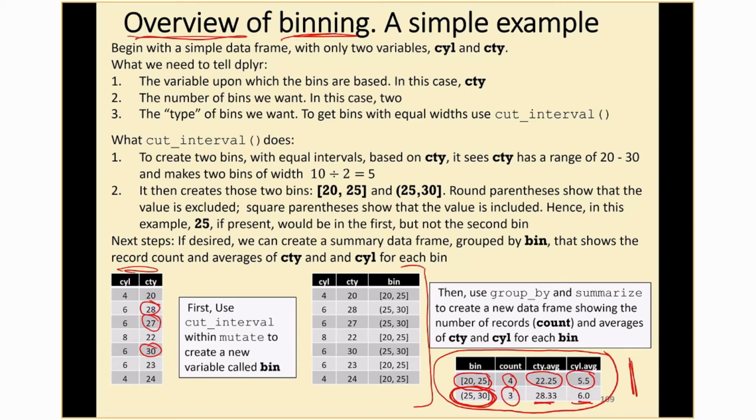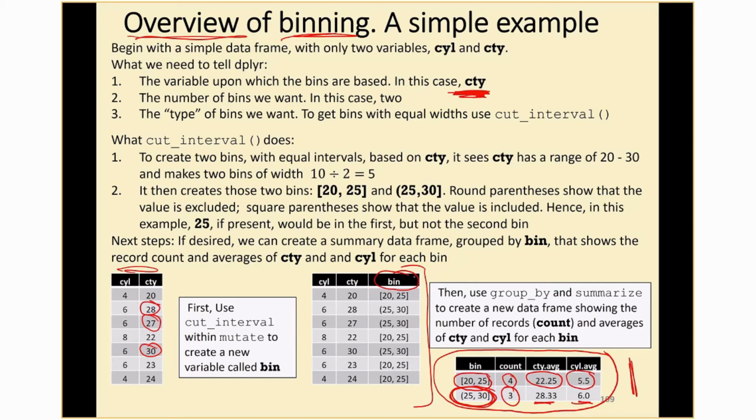And this intermediate data frame is going to have this new variable called bin. And in terms of the features of bin, first of all, bin is going to be based on city mileage.